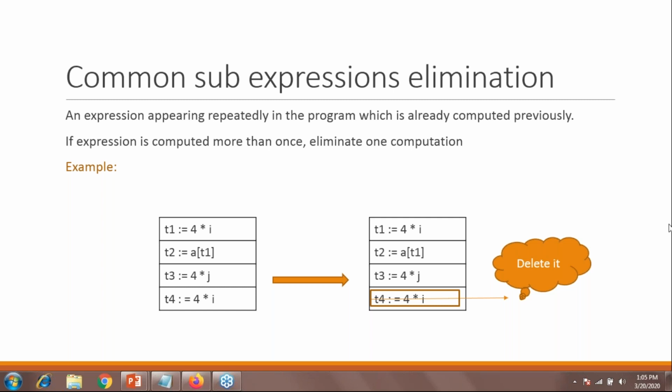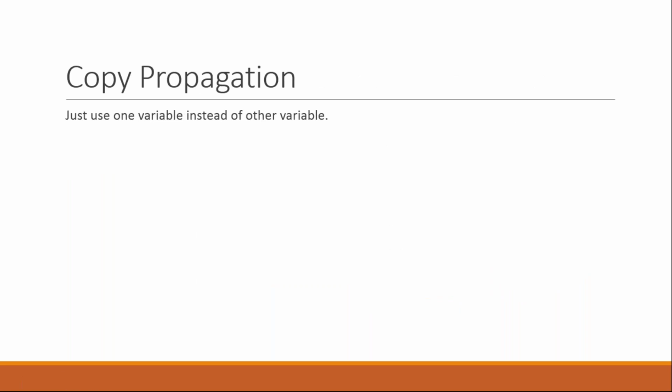So let's move further with one more technique, that is the copy propagation method. Now, what is the copy propagation method? Sometimes we have two variables and we assign one variable's value to another variable, but without any operation, right?